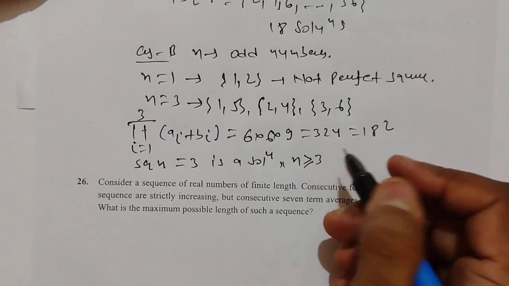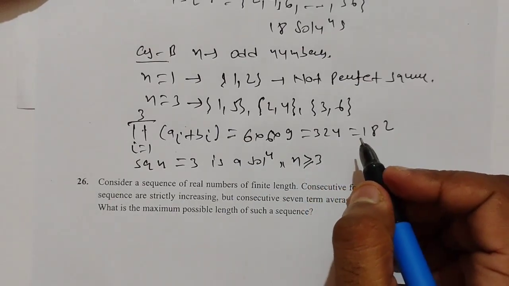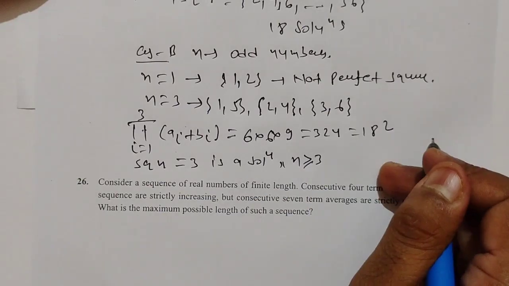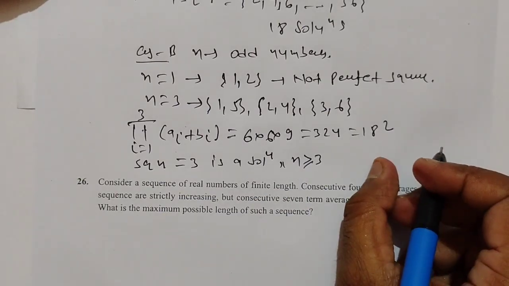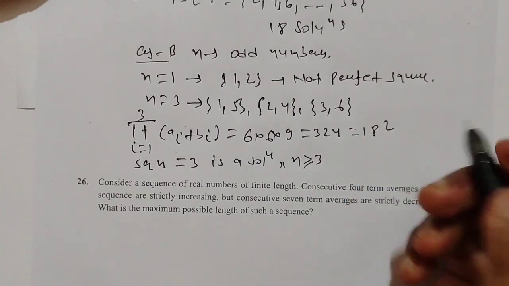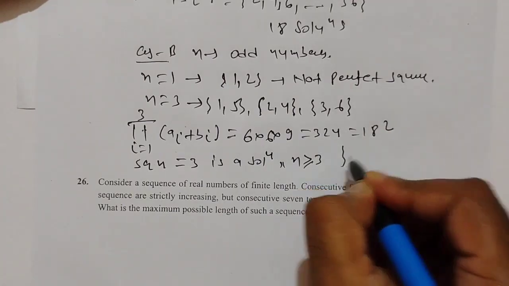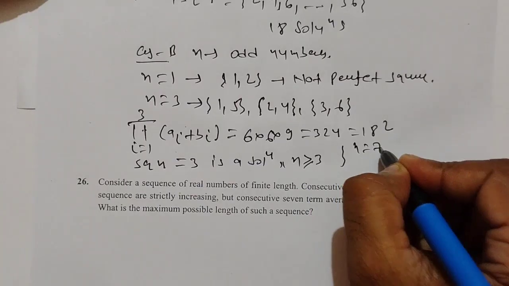So we can pair up two terms to get the sum 9 and all other pairs to get equal sum in two pairs. So we have n is equal to 7.